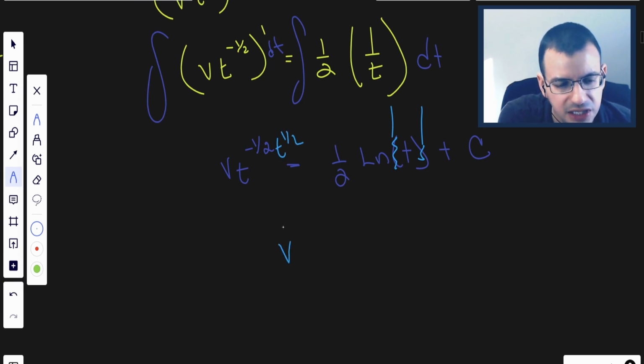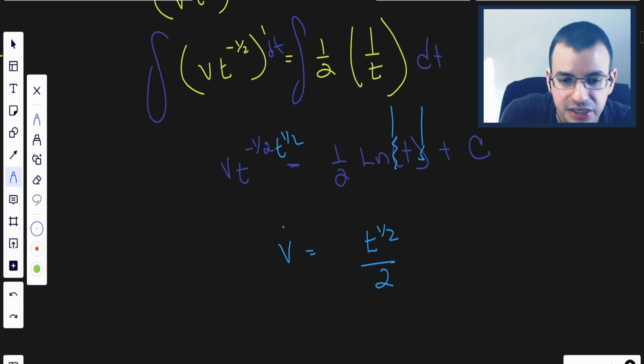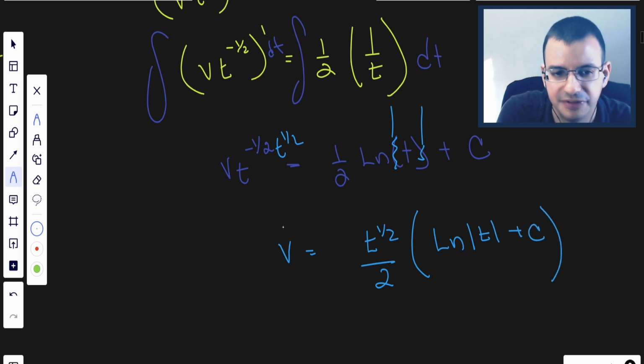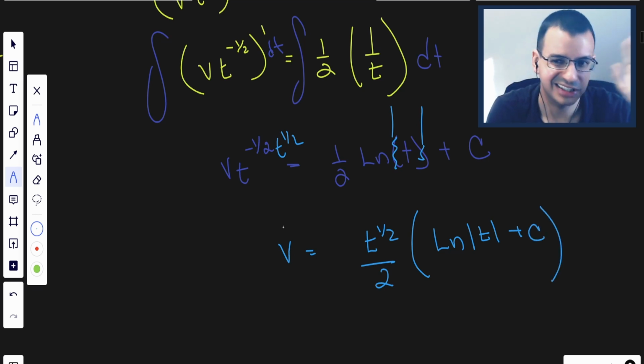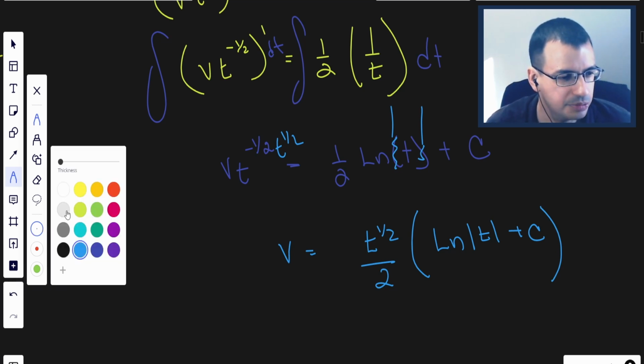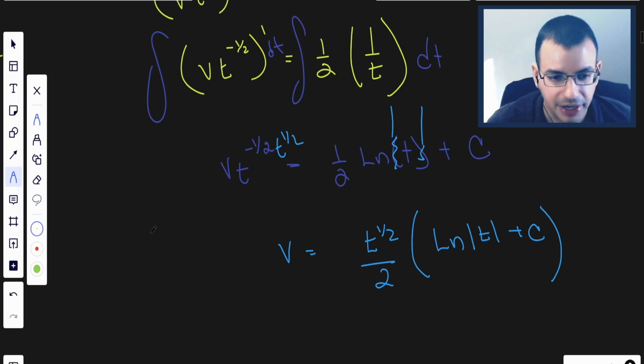So we have v equals t to the 1/2 over 2 times natural log of t plus c. And this is a different constant c from the one I've used previously. It's just a constant c. So I'm fast and loose and abusive of constants. And I probably shouldn't be, but I am.